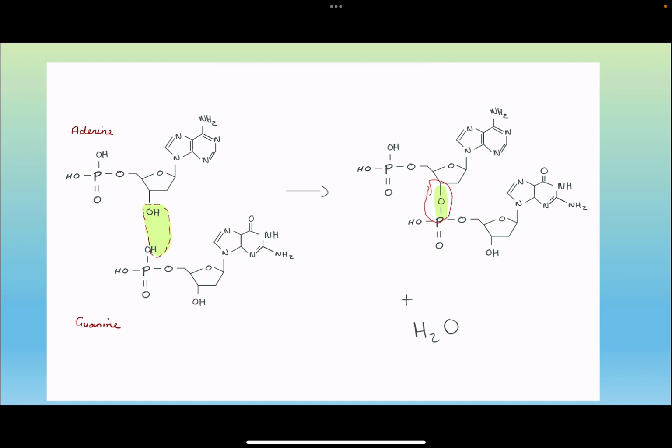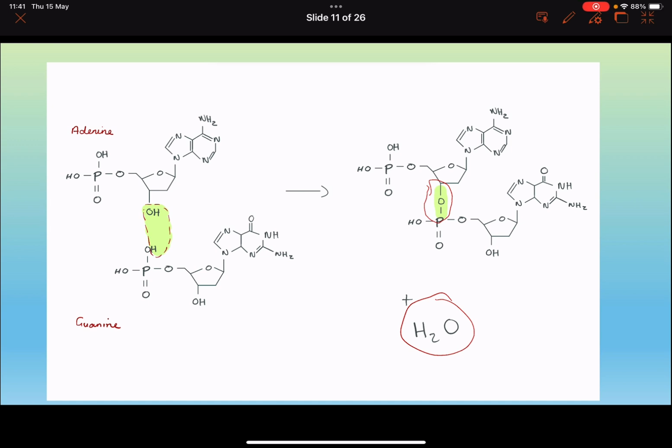So you now have that bond, which is called a phosphodiester bond, and you also have the H2O, or the water, produced there. So that's just to show you in a bit more detail, and it's quite useful to know where the water molecule is being removed from in terms of the condensation reaction.